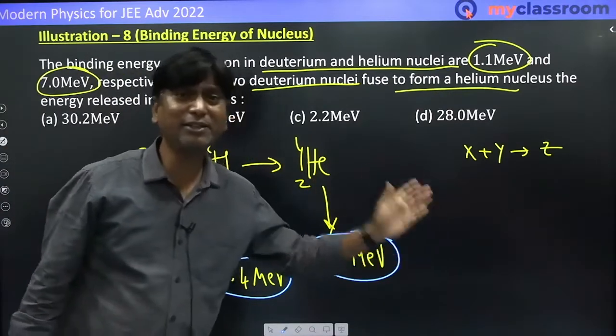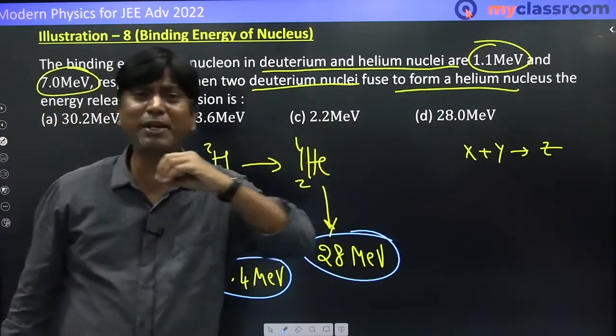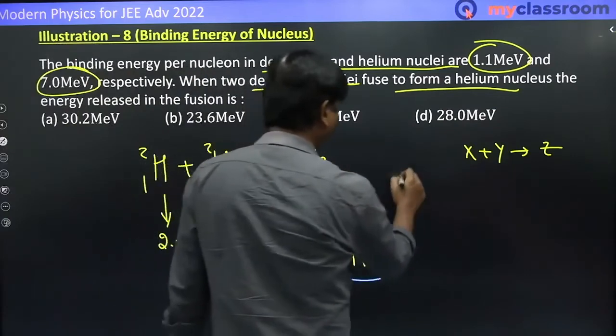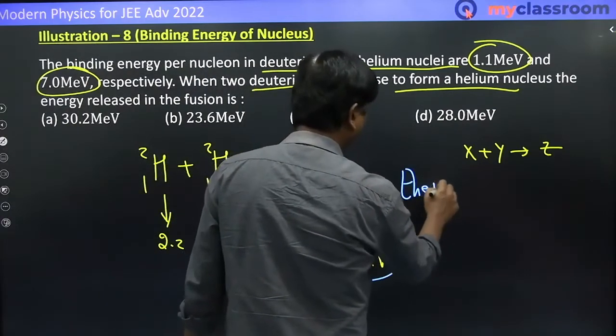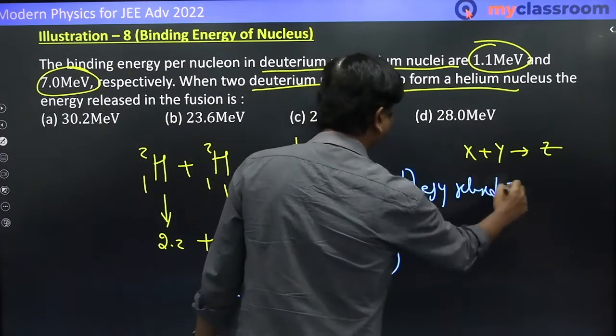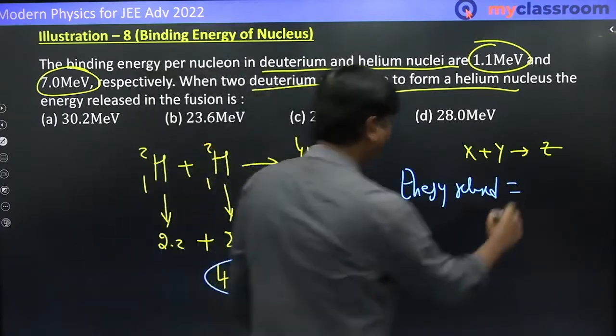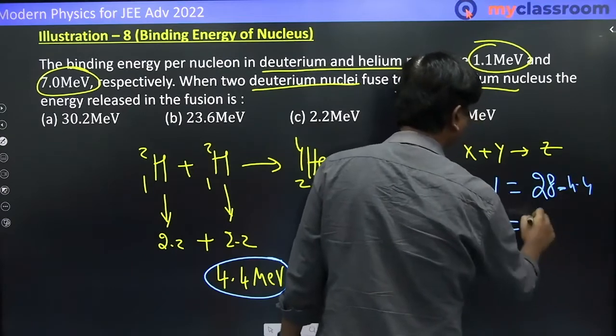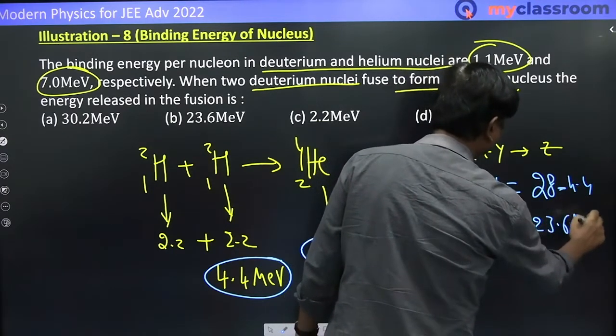Definitely the RHS binding energy is greater than the LHS binding energy, so energy will be released, and the difference is the energy released. So the energy released is 28 minus 4.4, which is 23.6 million electron volts.